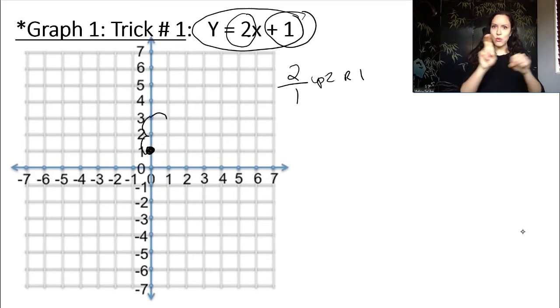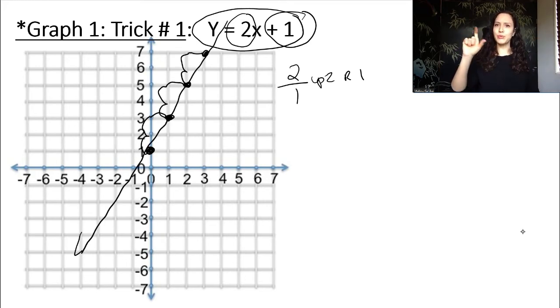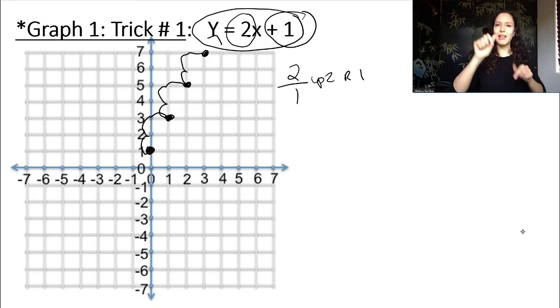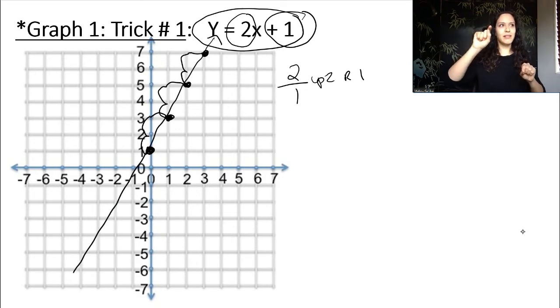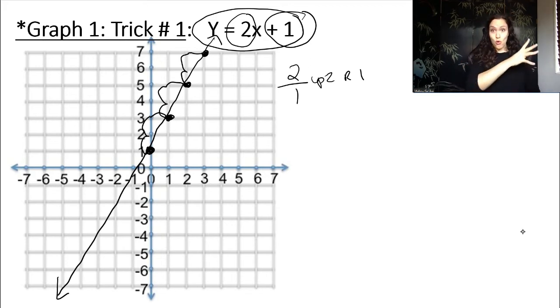Up 2 to the right 1. Whoa, only 2 points make a line, but I want to make an exact line. So I'm going to go up 2 again, because the slope is repeating. Okay, look what a great line that is. Very, very accurate. And remember, we got to go all the way to the edges of the graph. Okay, there we go. Perfect.